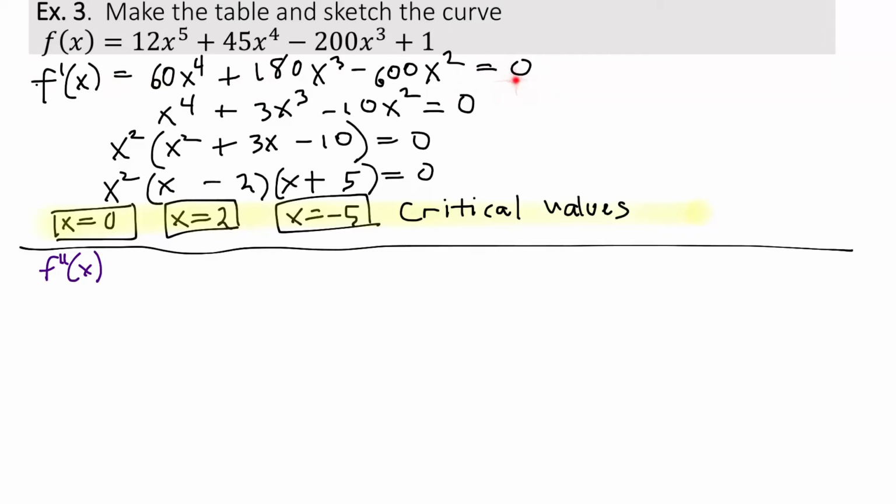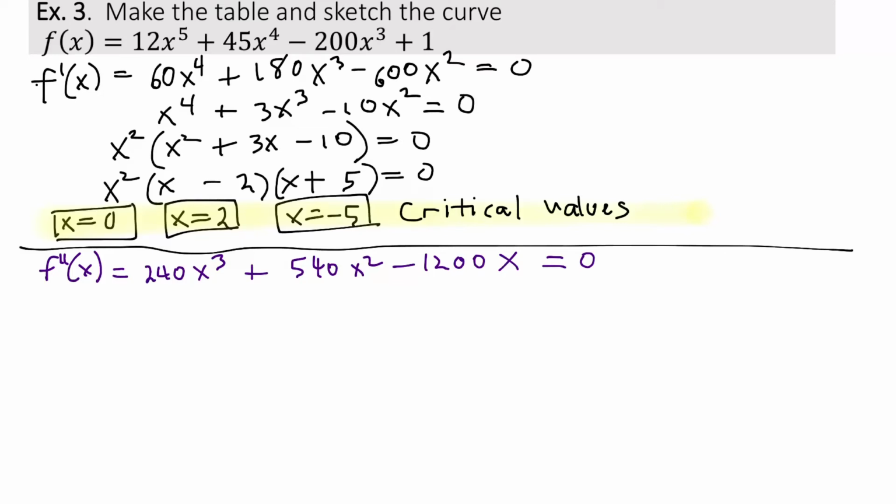So the second derivative is 240x cubed plus 540x squared minus 1200x. Now I set that equal to 0.